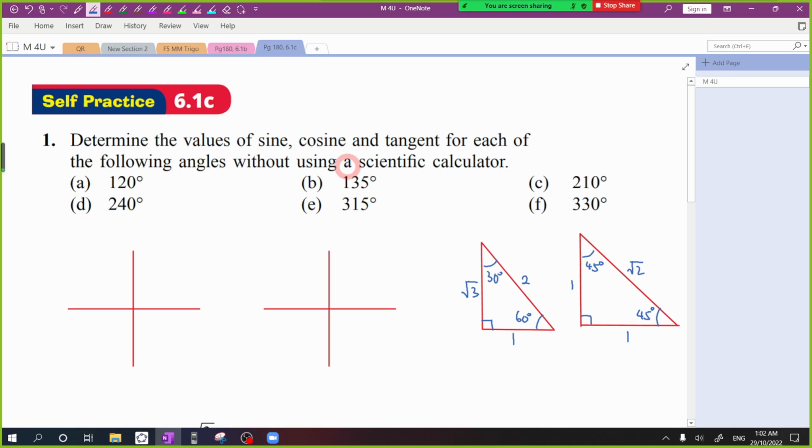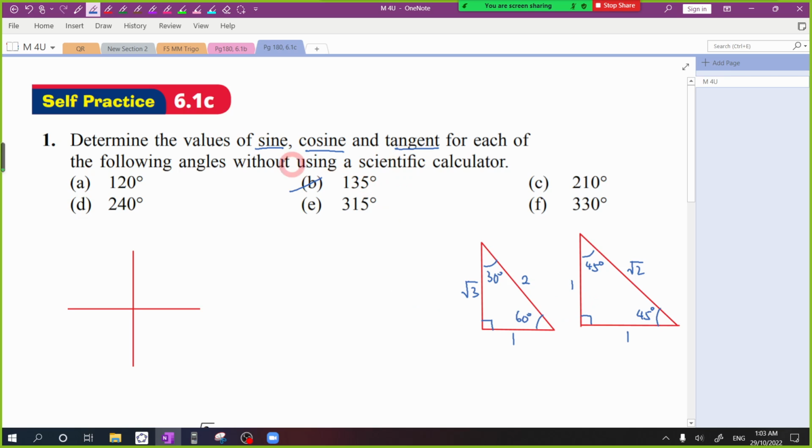Let's try B. So we are going to find the sine, cosine, and tangent for this angle. The step is just like just now, but now what is different is we are going to use this triangle, what we memorized, instead of using a scientific calculator.